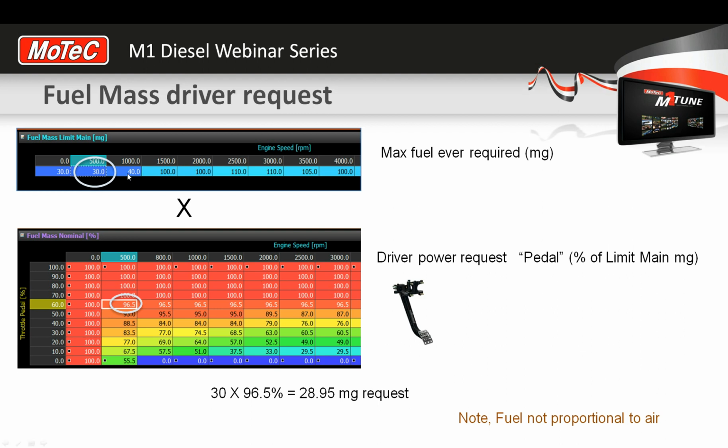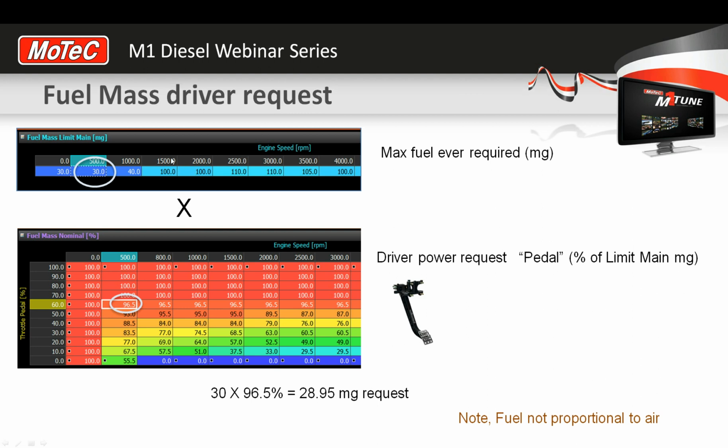So the process is you simply keep adding this number up until it starts to make more and more power, and then once you're getting too rich, if you're getting too rich because you're not making boost, you can potentially go to the boost control system and make some boost. But if you're making the boost you want and the power you want, then that's potentially the limit of the numbers you want to put in here.